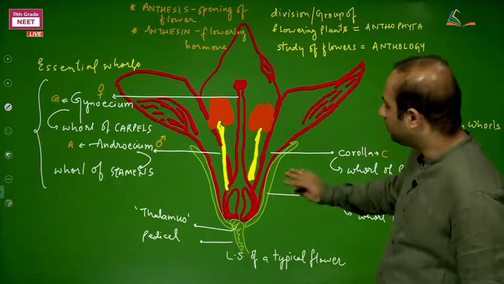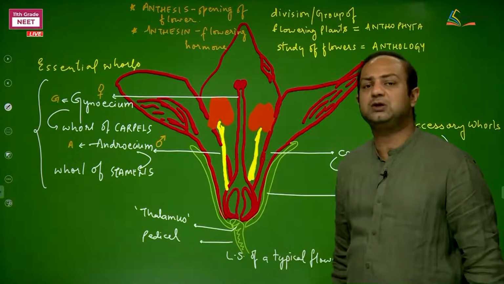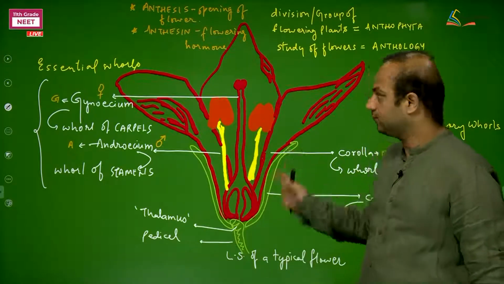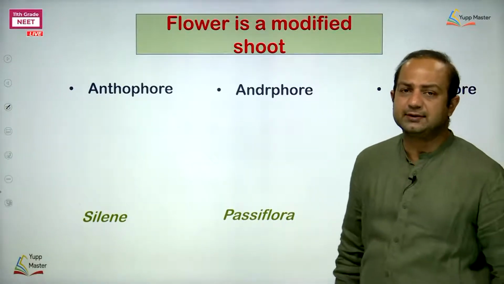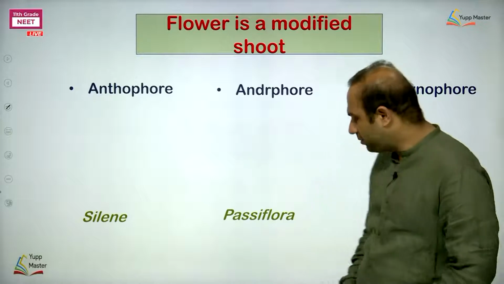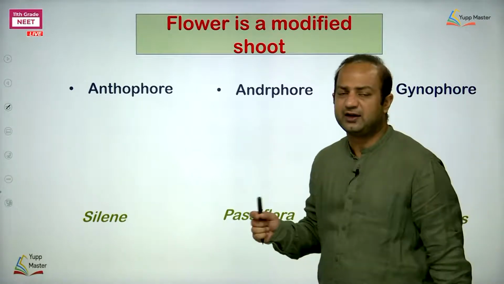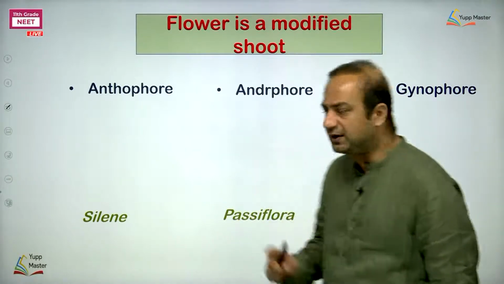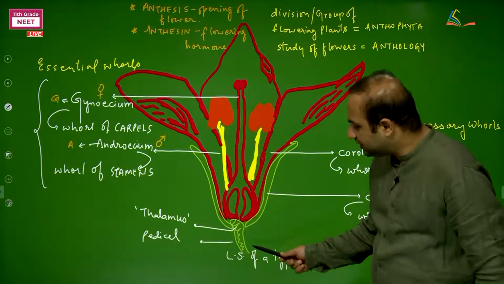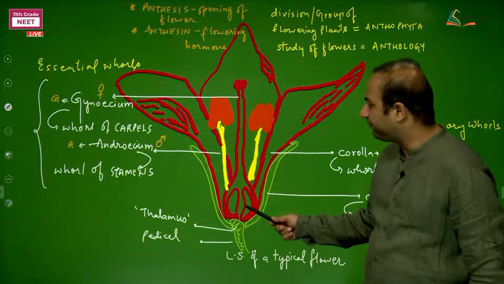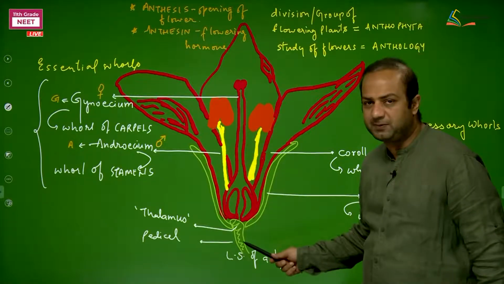Here we are saying not only this, there are some other structures we need to study in addition. If the flower is a modified shoot, I need certain evidences for it. I am not convinced unless someone tells me. See how I am establishing this. You can observe that this thalamus is bearing different floral parts from different places.